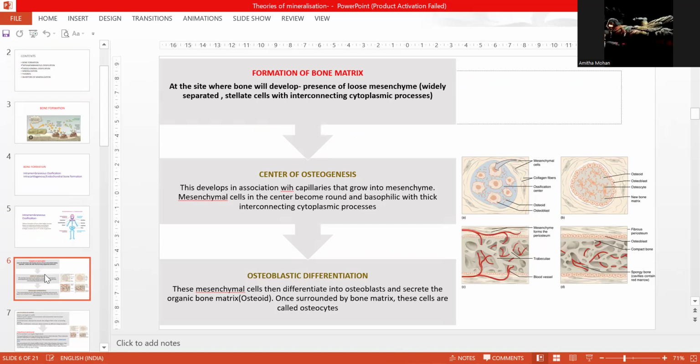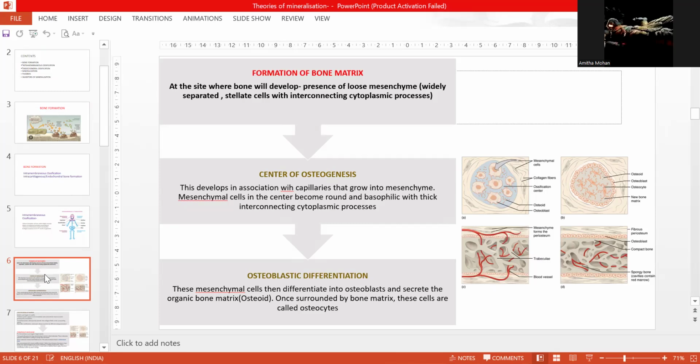At the site where the bone will develop, there is a loose mesenchyme consisting of widely separated stellate cells with interconnecting cytoplasmic processes. This develops in association with capillaries that grow into the mesenchyme.